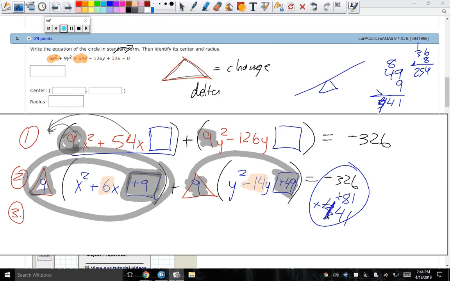So, carry that one more. Now add 441. So you add all those to the right side. Yeah. Because you've added it to the left, what you do to the left, you must do to the right. Now what do you get? 196. You with me? Now, this 9 that was in front of these two are going to stay.